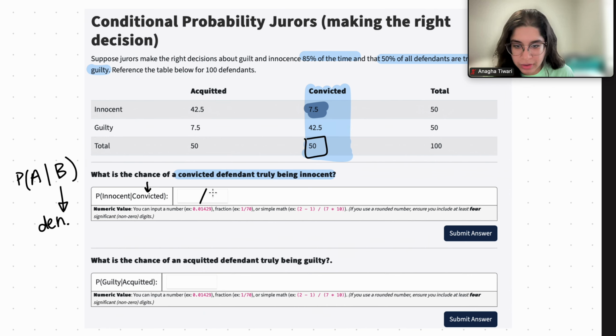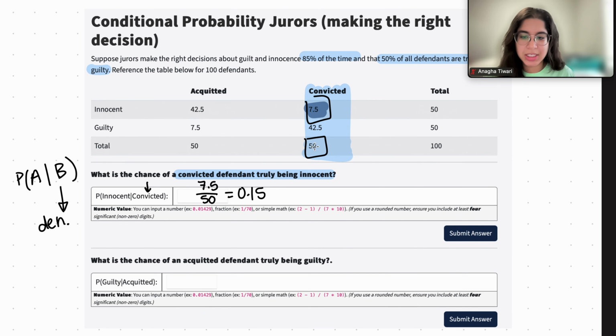Out of those 50 people who were convicted, how many were innocent? Well, that's 7.5. So the final answer is just 7.5 over 50, or you can simplify that further to a decimal if you want, 0.15. But that is the final answer.